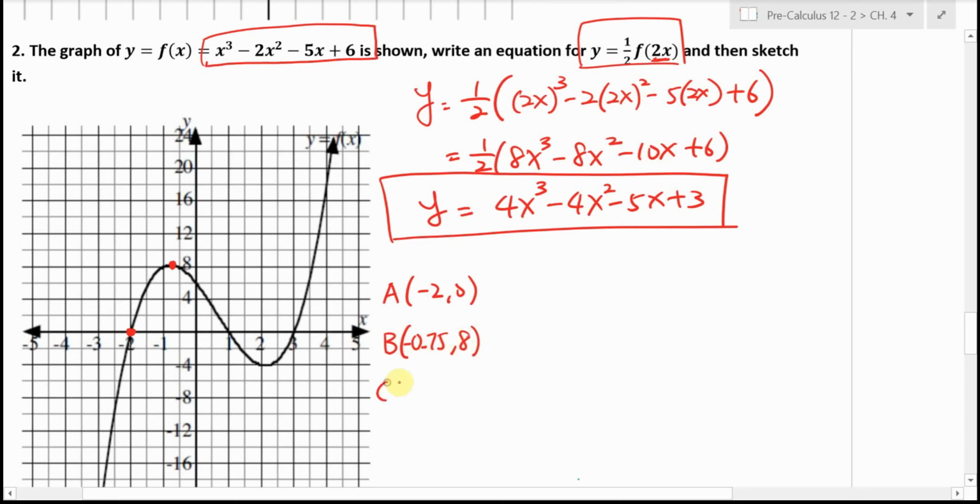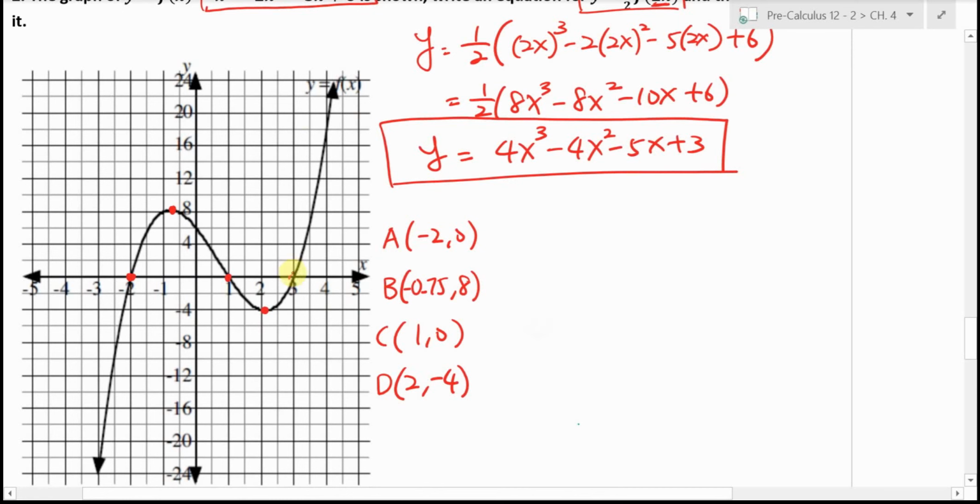Again, it definitely is not, but I'm just going to say that's what it is. This is 1, 0. We definitely need this point here. This is a little bit off, but I'm not too worried about it. And we have E, that's 3, 0. Okay, so these will change.